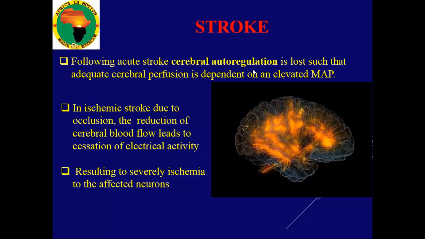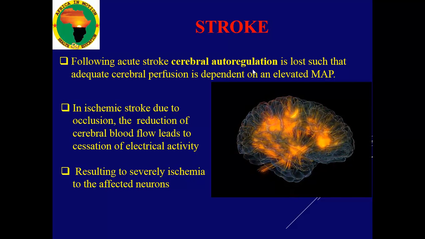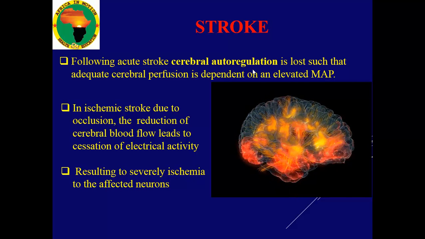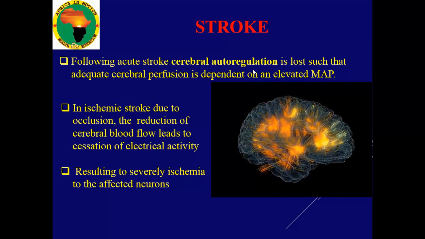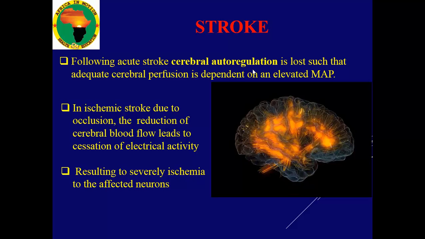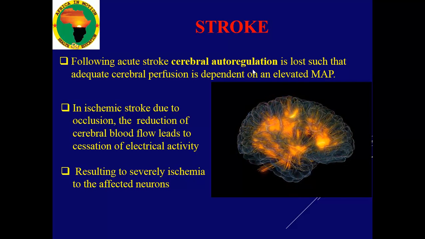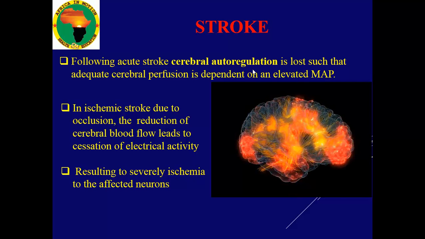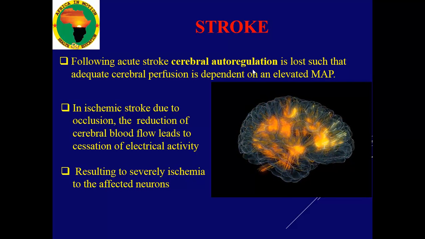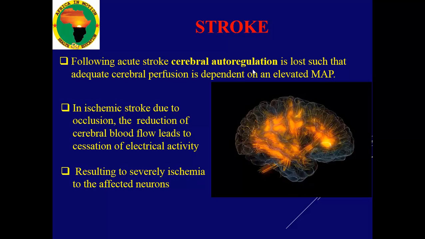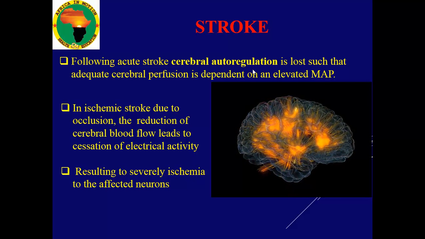If there is a stroke, the autoregulation will be cut. And now what will happen? Adequate cerebral perfusion will be disrupted because it depends on what? On MAP, what we call mean arterial pressure. We need enough pressure, blood reaching the brain.